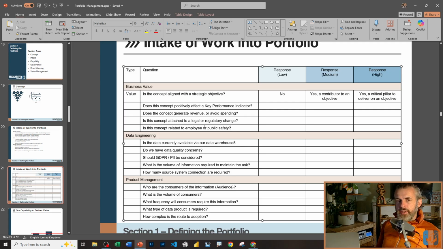Like, something's been missed. Like, how is something so important that it's a strategic objective, but we're not measuring it? And maybe this is the point of the piece of work that we want to bring into the portfolio, that we want to introduce a new performance indicator, and that'll be a fun one. And then you've got vice versa as well.